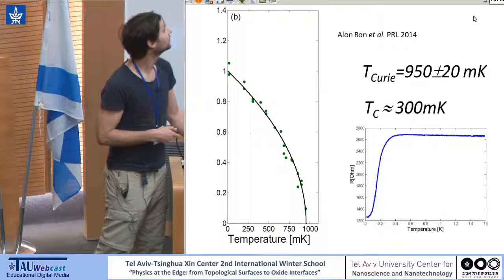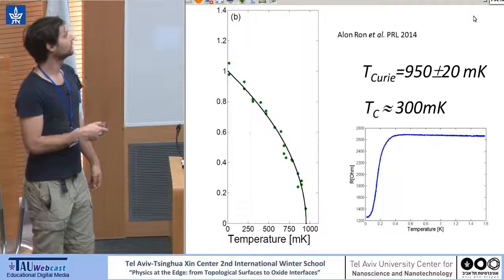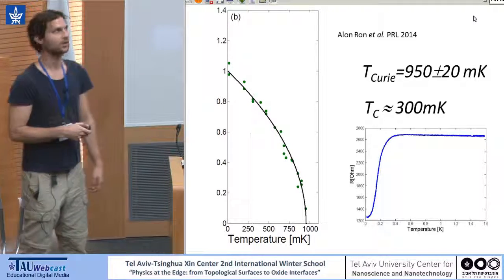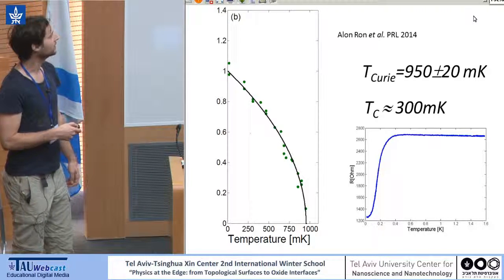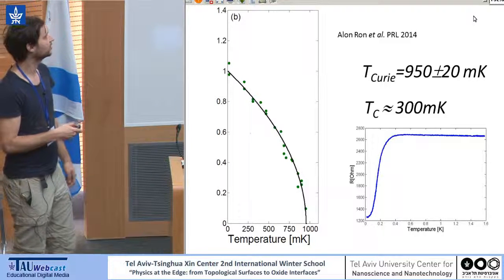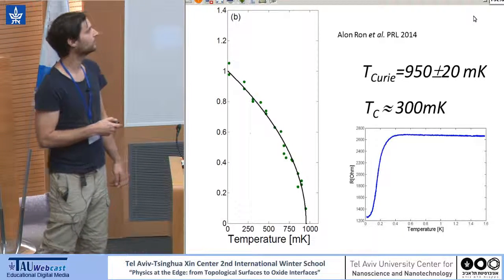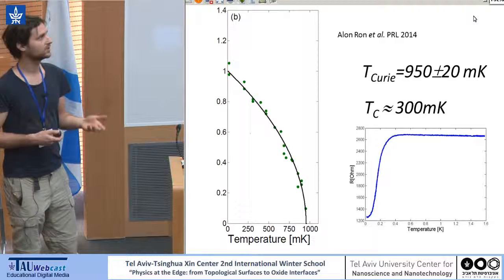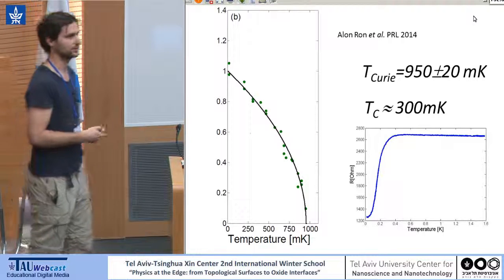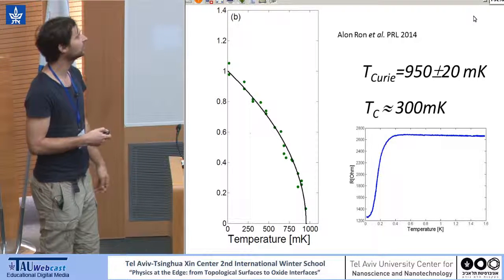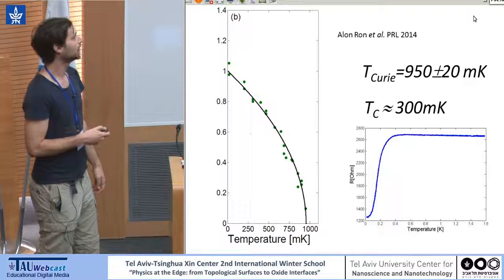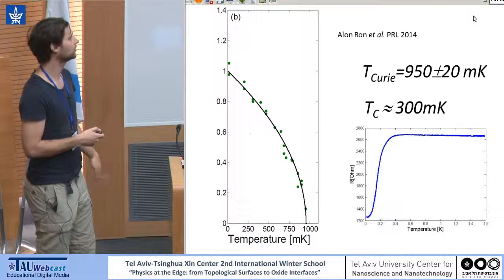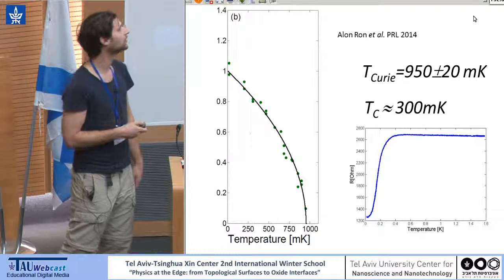These are both orientations, and all those dots from both orientations collapse on the same curve and give us the transition temperature of around 950 millikelvin. Now, please note, and this goes back to your question, that this temperature is above our superconducting temperature, which is around 300 millikelvin.